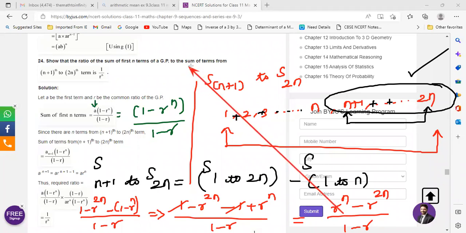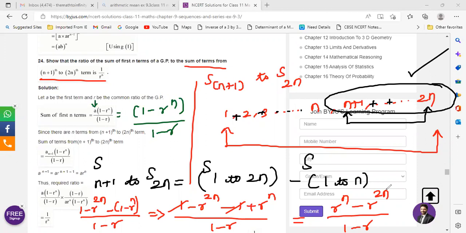What is the second part? Sum of terms from n plus 1 to 2n. So that is r raised to the power n minus r power 2n upon 1 minus r. I hope it is clear. We just found the second part. Please go backward if you don't understand. If you missed out something, please rewind it and watch it.